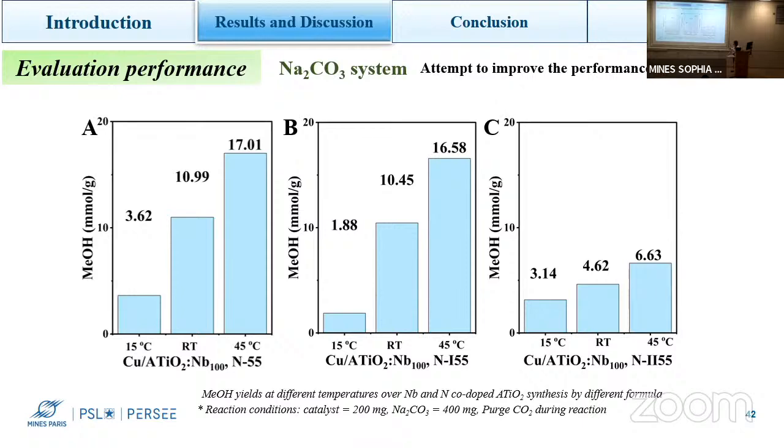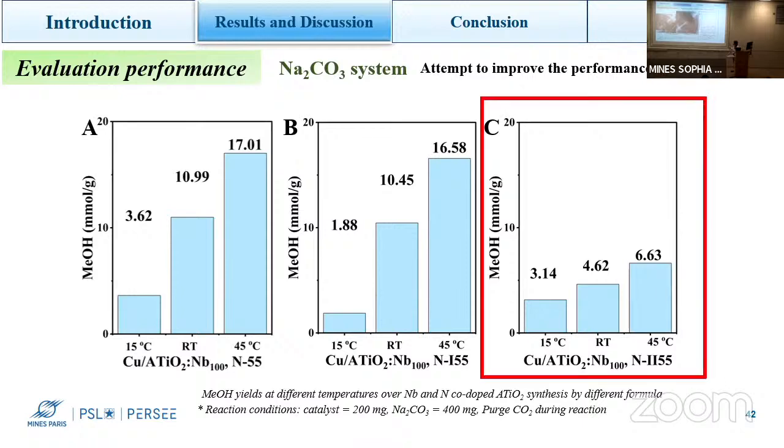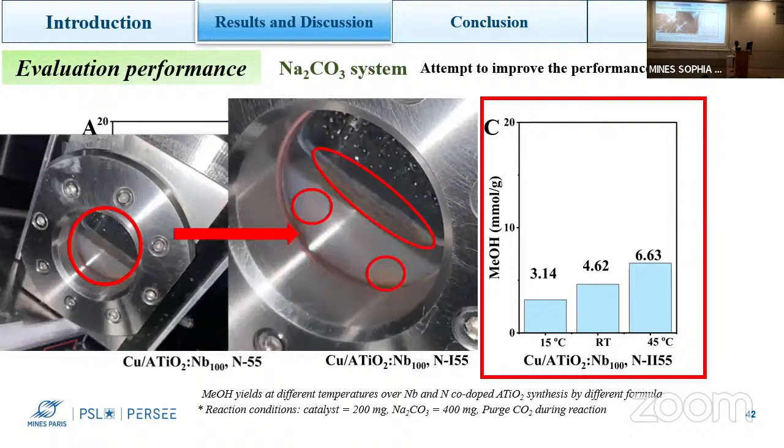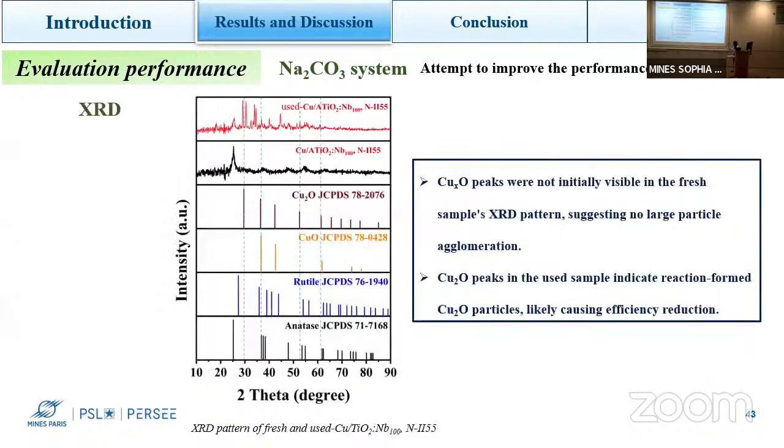So we wondered what happened during the reaction. After the reaction, for the first time we observed a red dot deposited on the window. So we think maybe during the reaction the structure of our catalyst changed. XRD was used to see what kind of crystal structure changed. Before the reaction, the catalyst remained anatase phase, as we expected and obtained before.